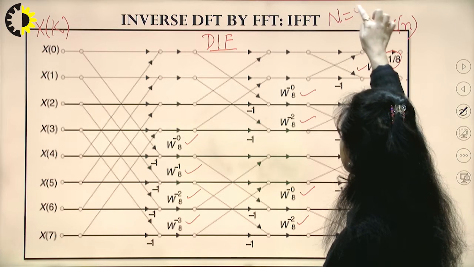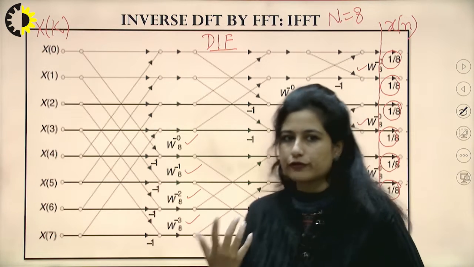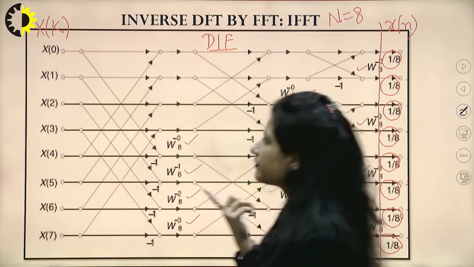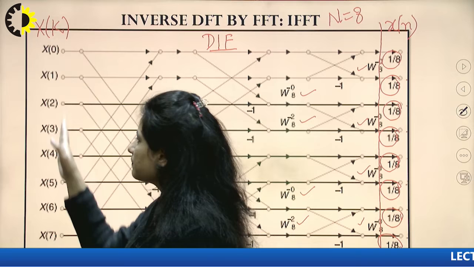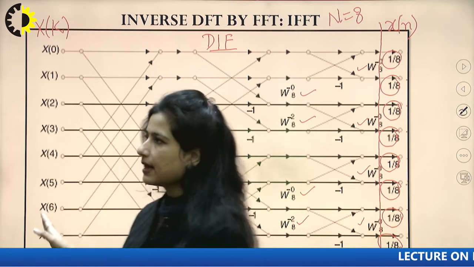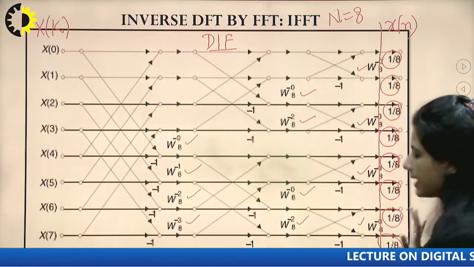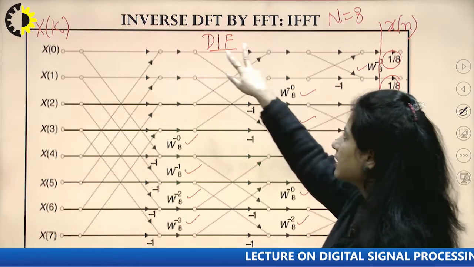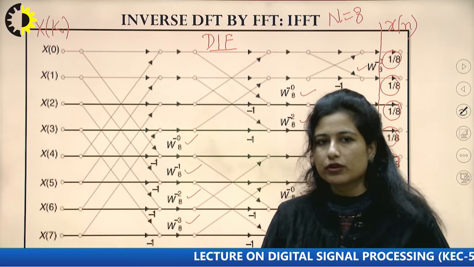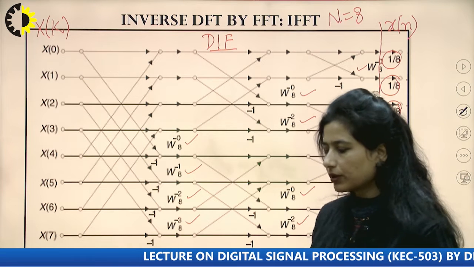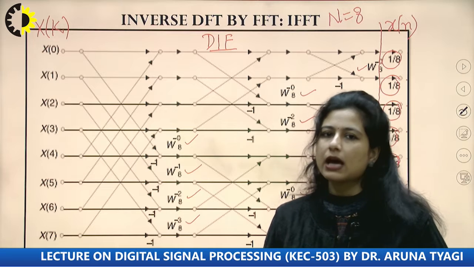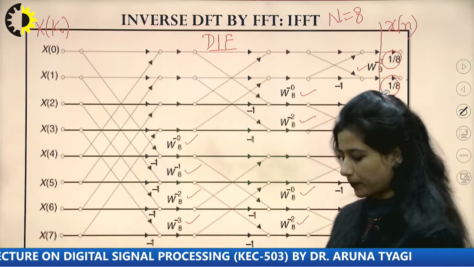If the same graph is plotted for N equal to 4, this scaling would be by 4. Third difference, here I am inputting the capital X k and output is xn. So these three differences are there between the DIF algorithm which I am using for calculating the Fourier transform and the same algorithm used for calculating the inverse Fourier transform.